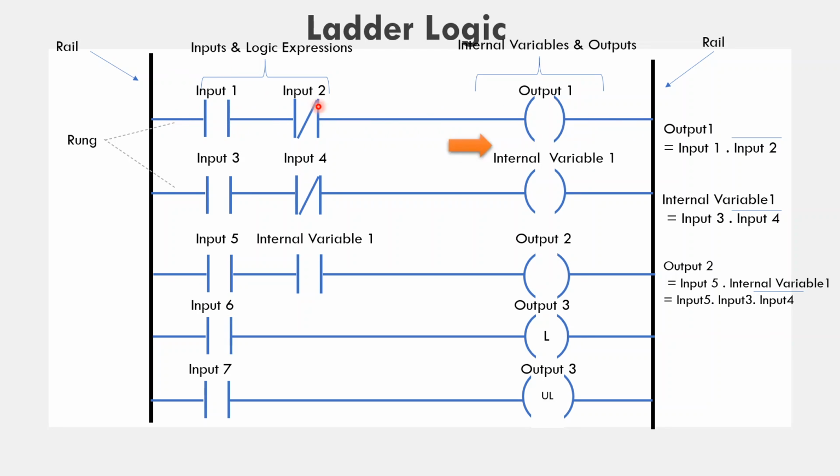First, it scans the inputs, then it generates the output as per the logic provided here. Then it scans the second rung, then third, then fourth, then fifth, and again it goes back to rung number 1 in the loop. So this is the complete working of the ladder logic.